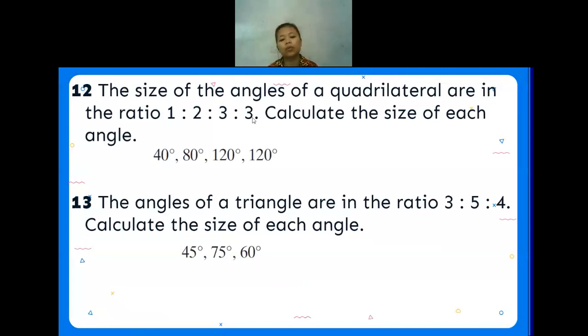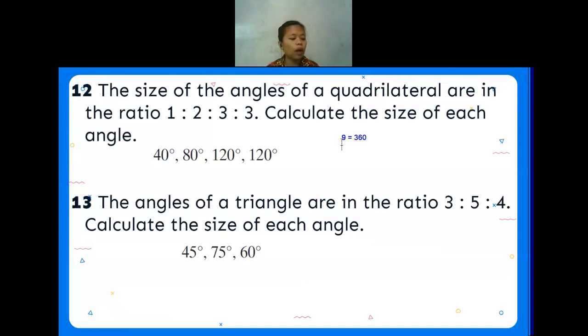In total, it will be equals to 9. So you have that 9 is equals to 360. And then you have to find the 1, the 2, and the 3. So for the 1, it will be equals to 40. For the 2, it will be equals to 80. And then the 3, it will be equals to 120.